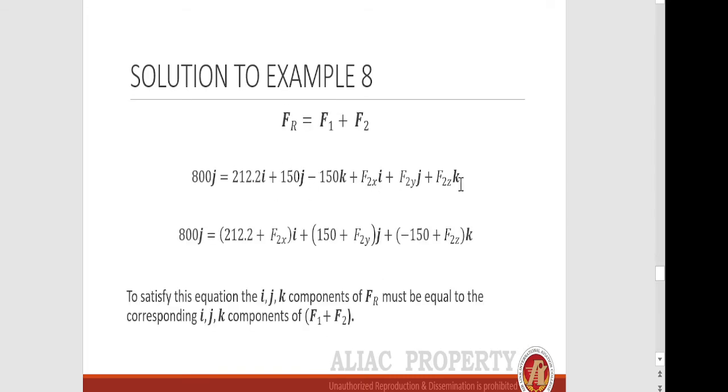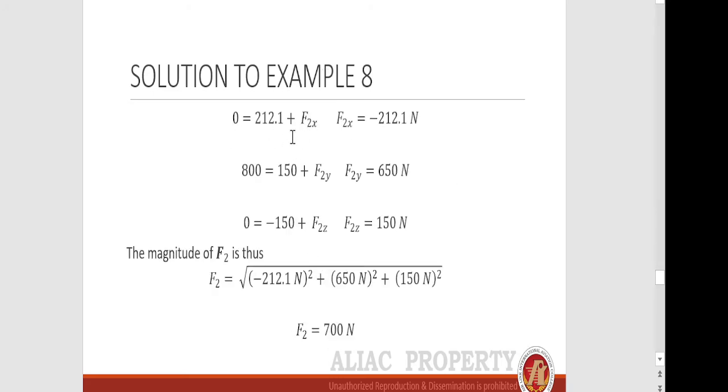After substituting all of the values for F1, F2 and Fr, make sure that it's segregated into i, j and k. To satisfy this equation, the i, j and k components of Fr must be equal to the corresponding i, j, k components of F1 plus F2.